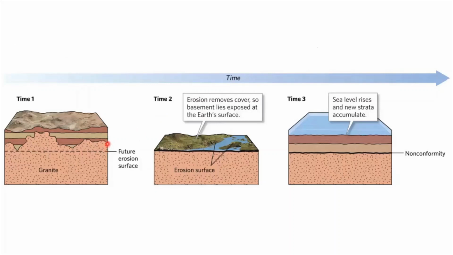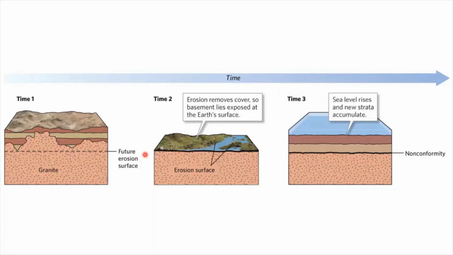So here we have some granite that has intruded into the surrounding rock layers, okay? So it's cross-cut it essentially, okay? And we know that granite, it's coarse-grained and it's felsic, so it forms very deep within the earth. That coarse grain indicates that it cooled very slowly deep within the earth, okay?